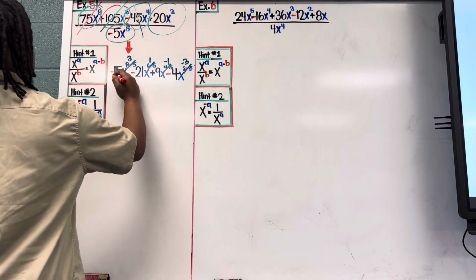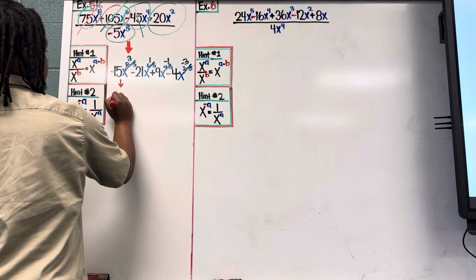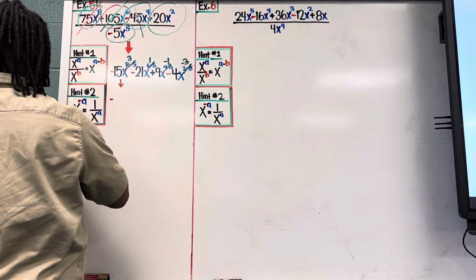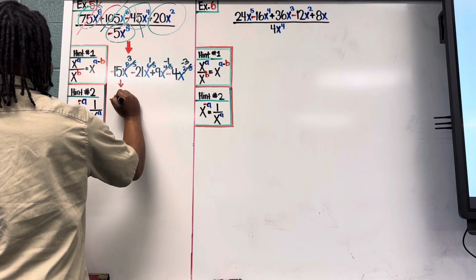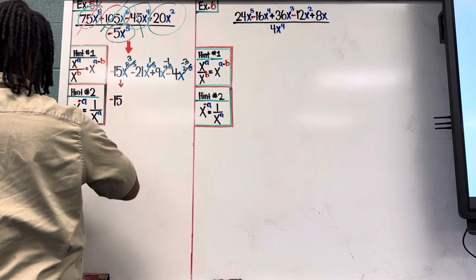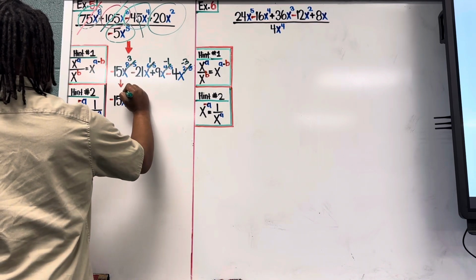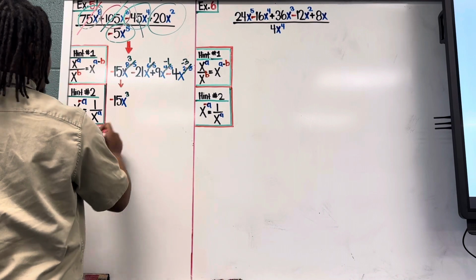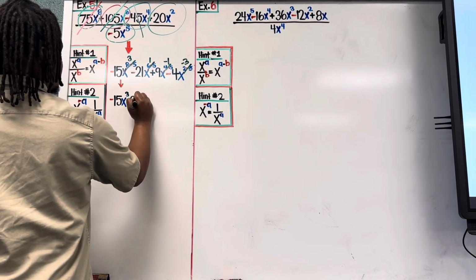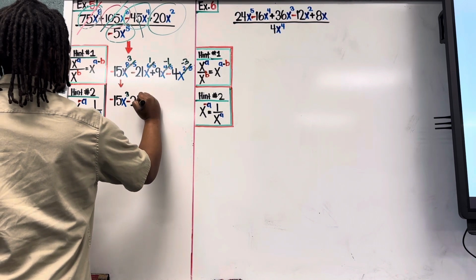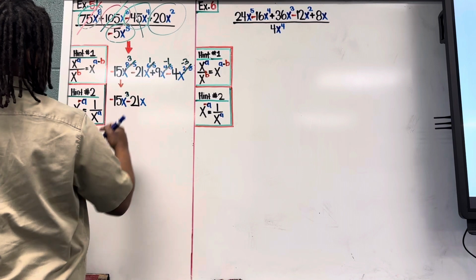So let me go ahead and do that. Everything with positive powers stays the same. So I still have a negative 15x to the third power minus 21x to the first power. So I can just put 21x, because that's to the first power.